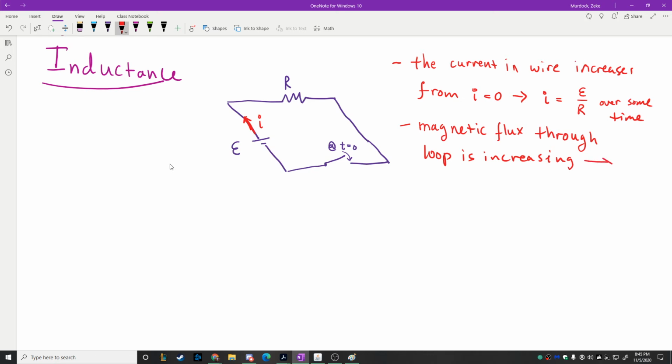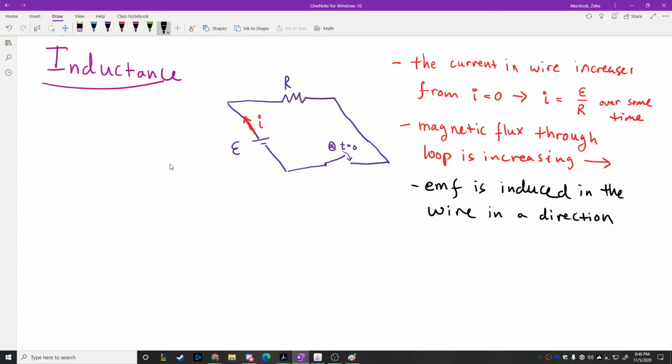As a result of that, there's going to be an induced EMF. And the direction of that induced EMF, is it going to be in the same direction as the current or the opposite direction as the current?